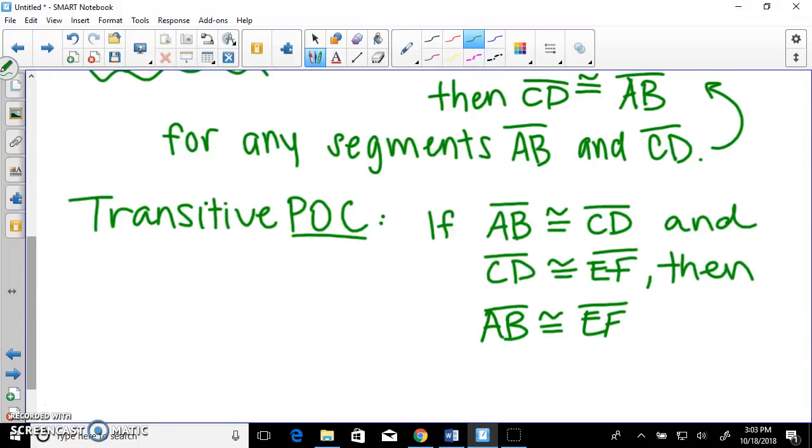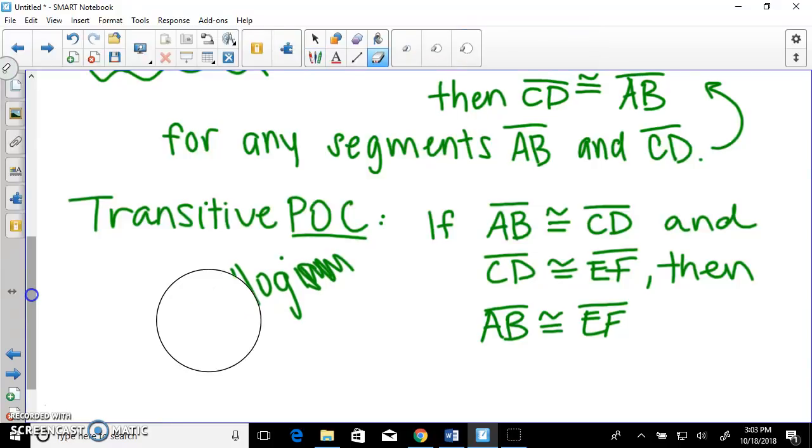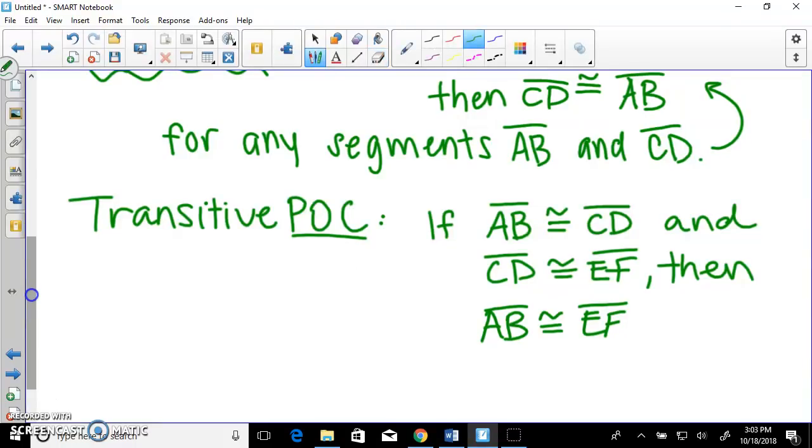So given those two statements, we can come up with that conclusion. That's our transitive property of congruence. I don't know about you guys, but this makes me think a lot about the law of syllogism. It's not exactly like that, but it's kind of connecting those two outer parts. So those are our properties of congruence.